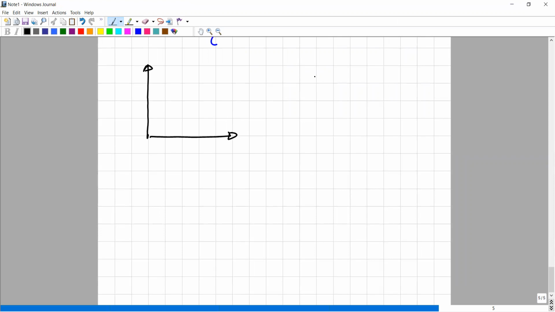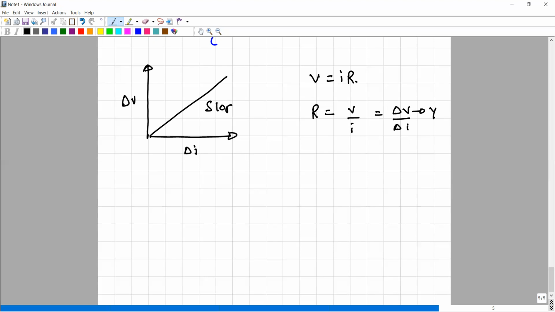You start with Ohm's law, that is V is equal to IR, and then R becomes V over I, that means change in V by change in I. Now, if you put the value of V on the y-axis and the value of I on the x-axis, then the slope of this line would become resistance.